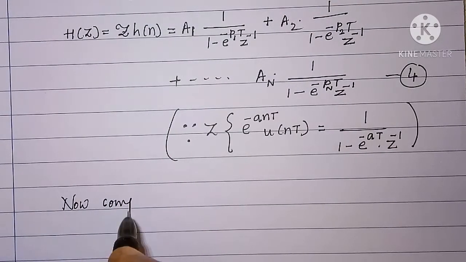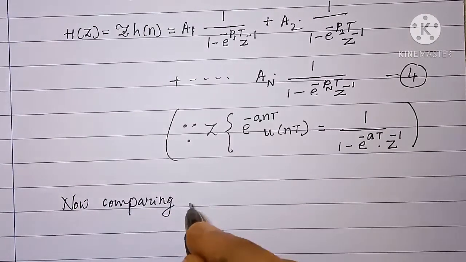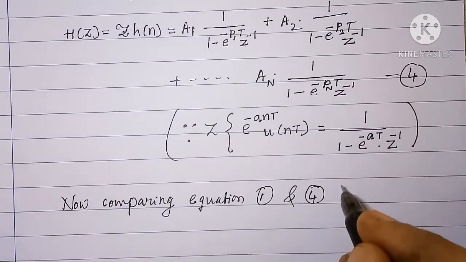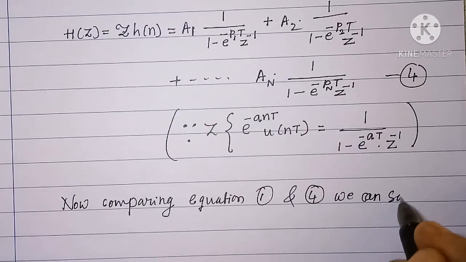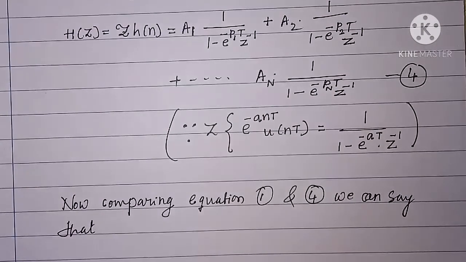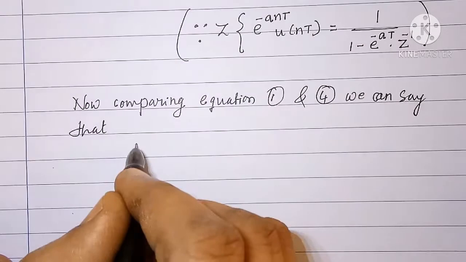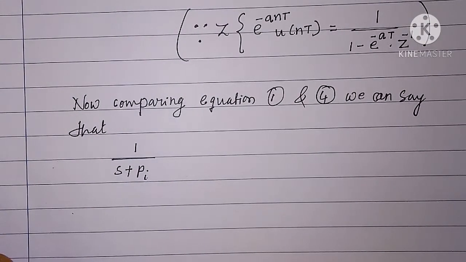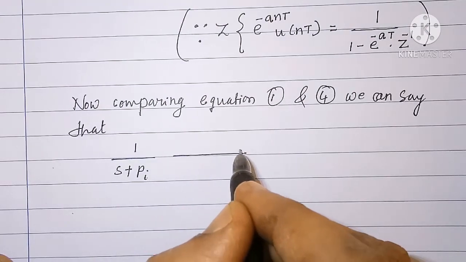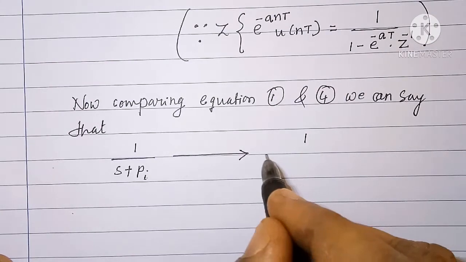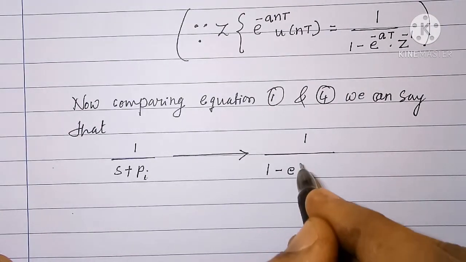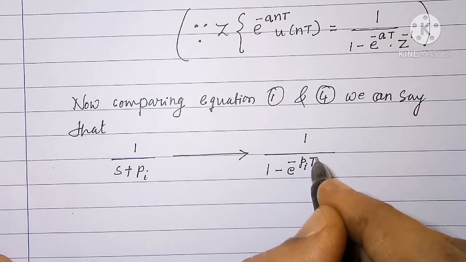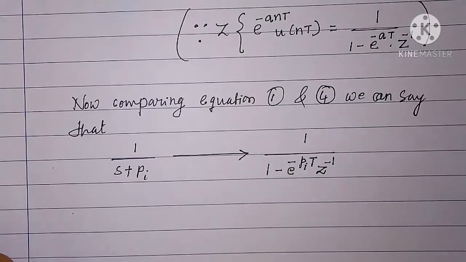Now comparing equation 1 and 4, we can say that 1 upon s plus pi maps to 1 upon 1 minus e raised to minus pi into capital T into z raised to minus 1.